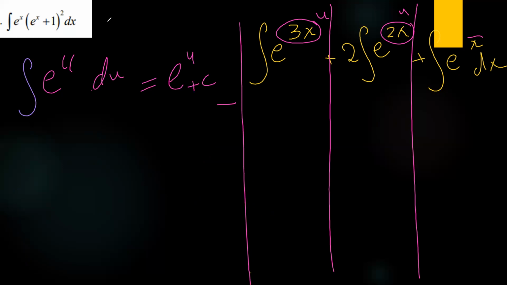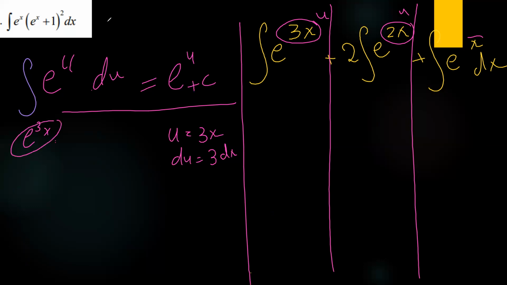In the first one, e to the power 3x, you have to see that u is 3x and du will be 3 dx. So you write e to the power 3x times dx, which is du over 3.